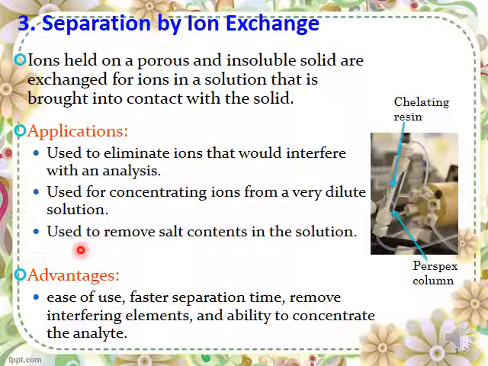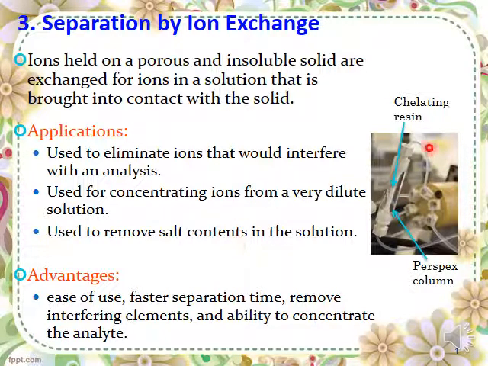The third application is used to remove salt content in the solution. This can be done by titration, titrating the hydrogen ion released as the liquid of the sample passes through.